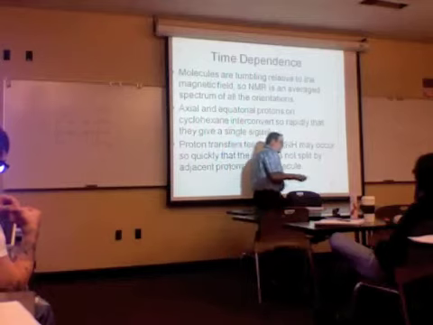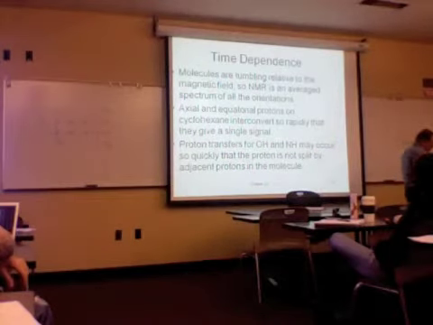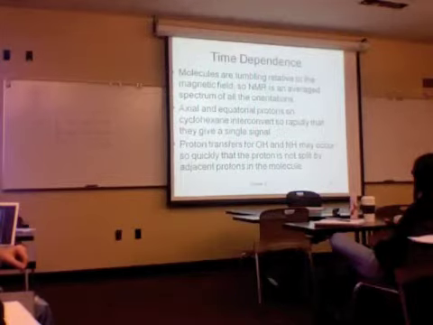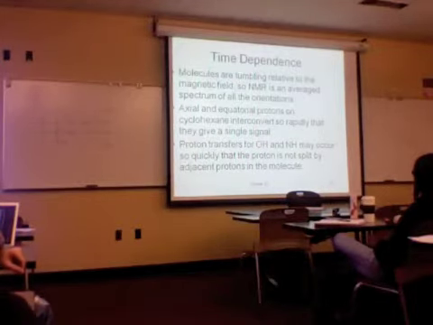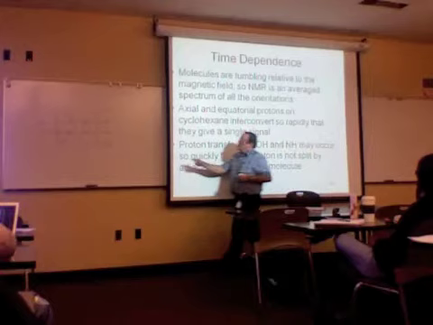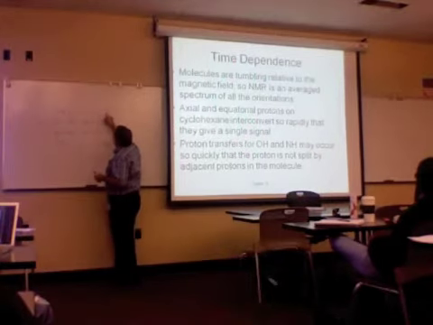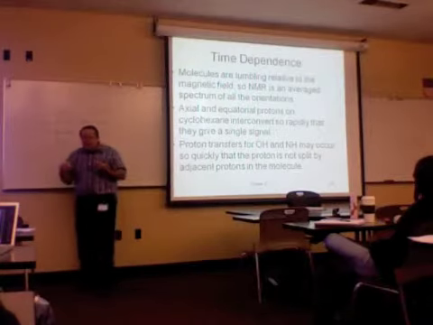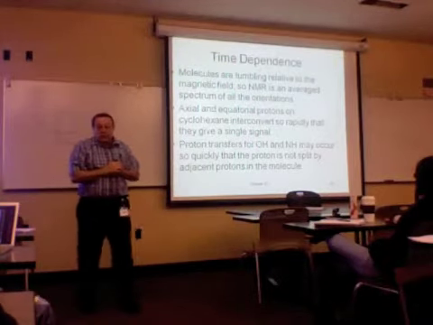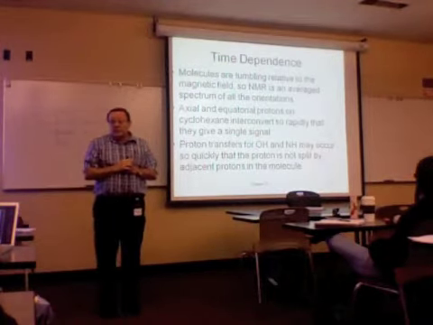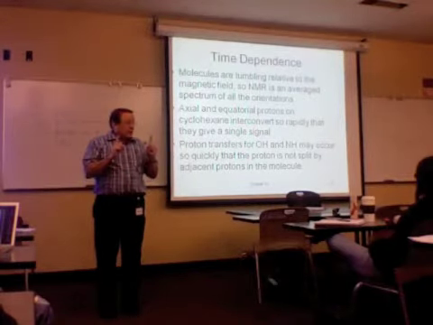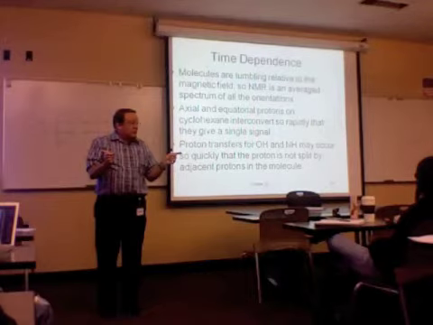Now, some other issues that will be part of the discussion is time dependence. Just as this bond is rotating rapidly, so these three hydrogens, which are identical to one another, experience the same average environment, the same thing will be true for cyclohexane. Because remember, in the cyclohexane chair form, you've got axial hydrogens and equatorial hydrogens.